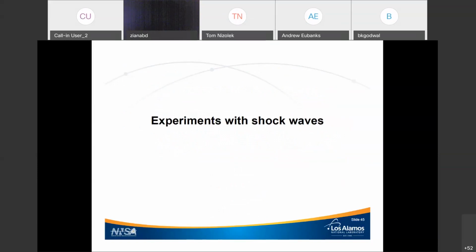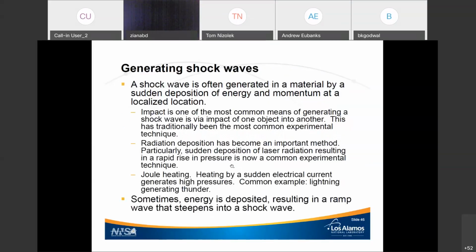Now let me talk about shockwave experiments. A shockwave is usually generated by sudden deposition of energy and momentum at some localized location. Impact is one of the most common means of generating a shockwave. Impact of one object into another is traditionally the most common experimental technique. Radiation deposition has become an important method, in particular laser radiation deposition, resulting in rapid rise in pressure.